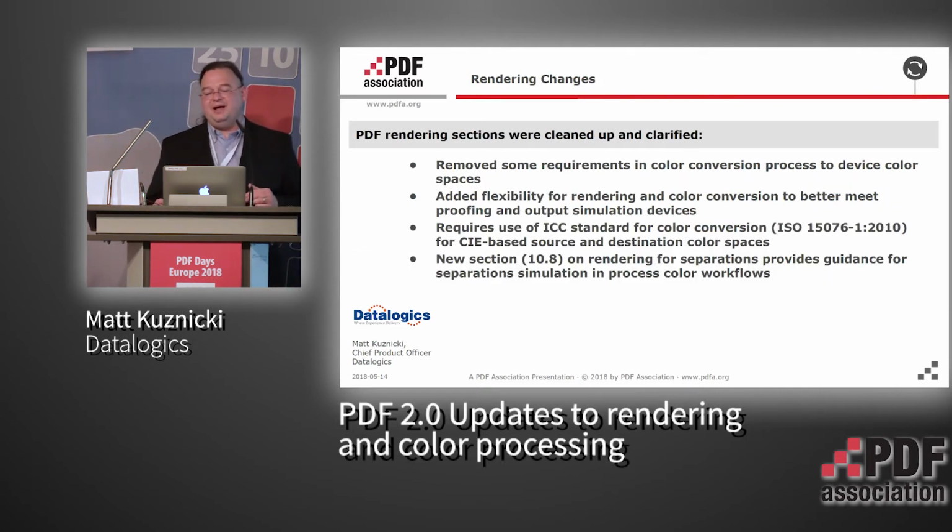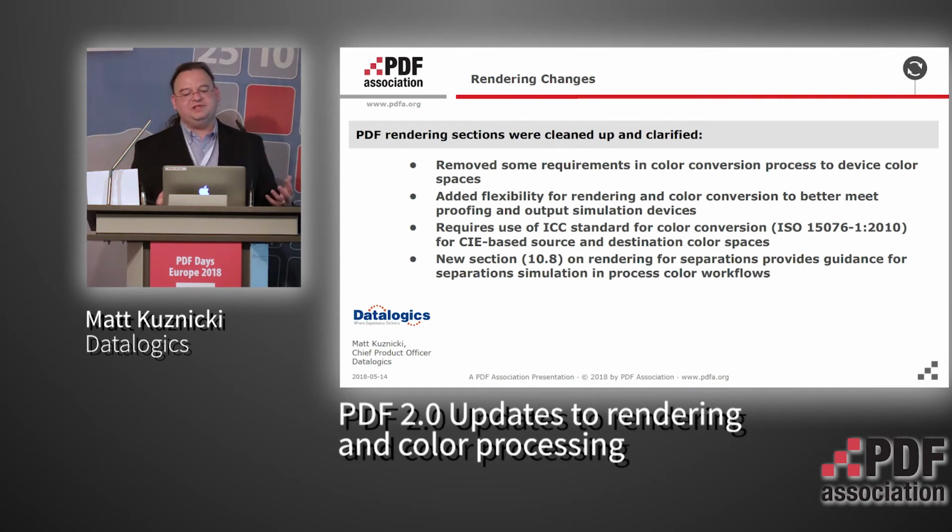General rendering changes. There have been a lot of rendering updates, again, primarily to clarify and to bring greater standardization to rendering behavior across different PDF renderers. So none of this is really radical or earth-shattering. It's primarily in terms of greater interoperability.